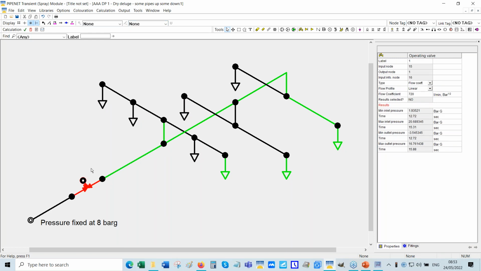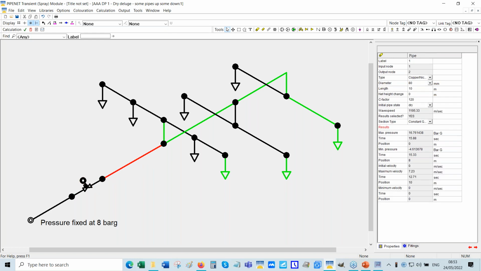Because, from a maintenance point of view, it may be better to have this valve lower down on the platform. But the deluge system itself is at a high level. So this pipe had an elevation change of 35 to 40 meters. I cannot remember exactly what it was. I think it was probably 30 meters.